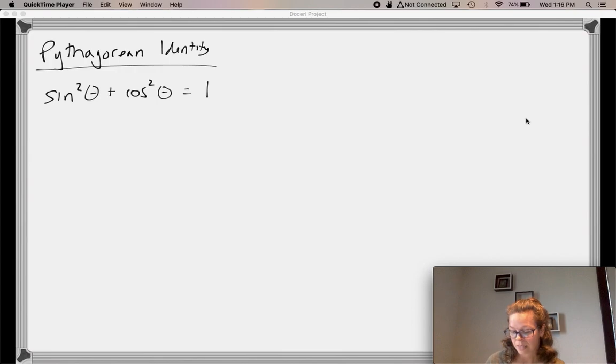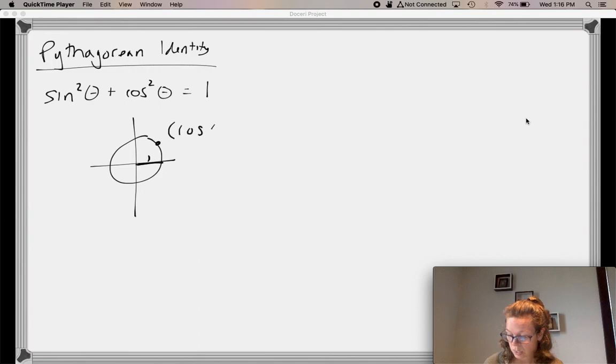So in the last lesson, we looked at this unit circle where we said if we have a radius of 1, then a point on the unit circle is cosine, comma, sine.